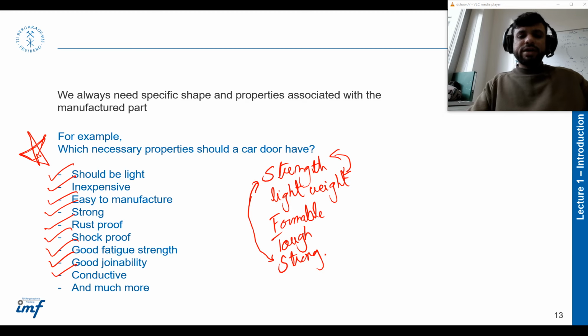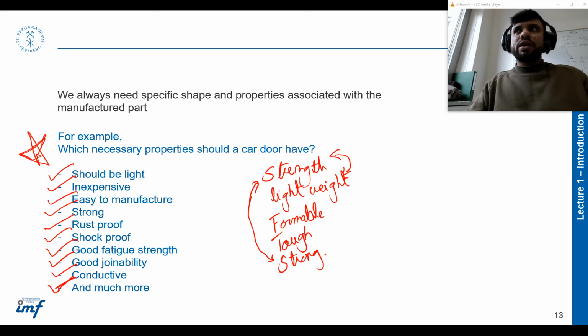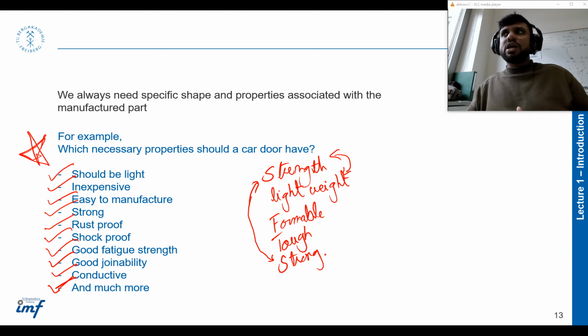And of course there are non-conductive materials like fiberglass or carbon fiber. When I talk about glass fiber, it is basically epoxy reinforced glass fiber, or epoxy reinforced carbon fiber. They provide most of these attributes but are not always conductive, and then a few more depending on which car the door is being produced for.